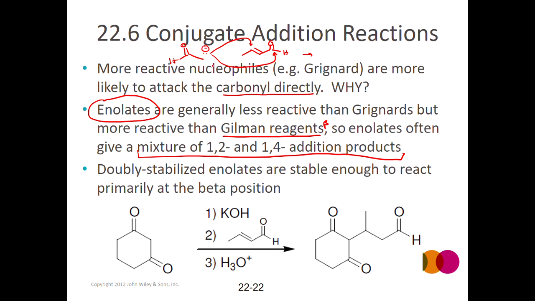So you're going to get two different products. If this carbon attacks here, it'll be connected there. If it attacks directly at the carbonyl carbon, you would end up getting the result of that attack in the end.